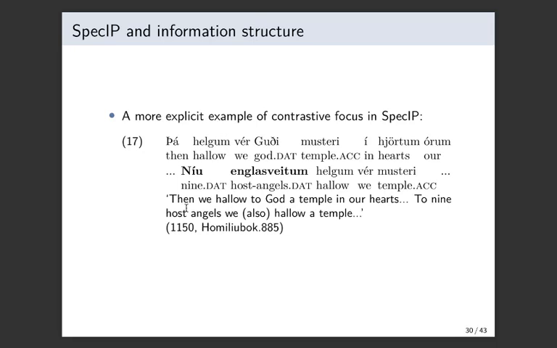A more explicit example of contrastive focus in spec IP is given here. We have a sentence, 'then we hallow to God a temple in our hearts.' And then we get, 'to nine angels we hallow a temple.' So nine angels here seems to be in contrastive focus.